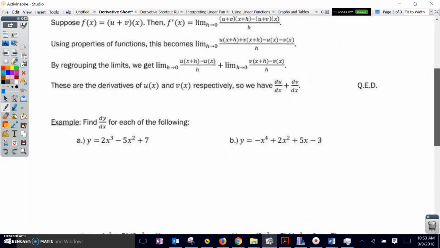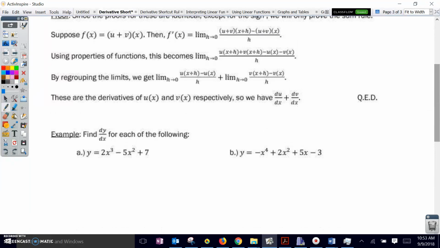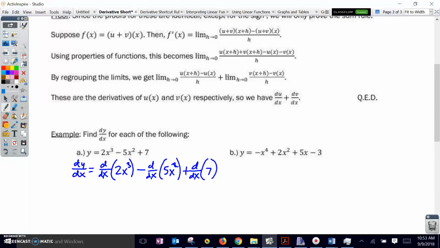Alright, let's apply the sum and difference rules to this. What this means is that when I take the derivative of y equals 2x to the third minus 5x squared plus 7, dy dx is equal to the derivative of 2x to the third minus the derivative of 5x squared plus the derivative of 7.